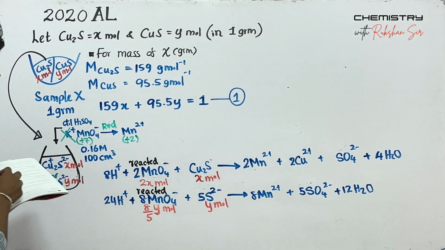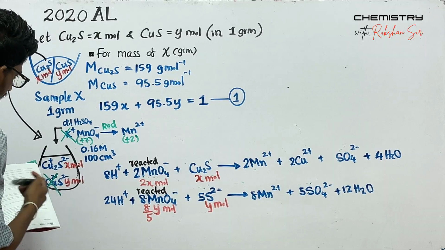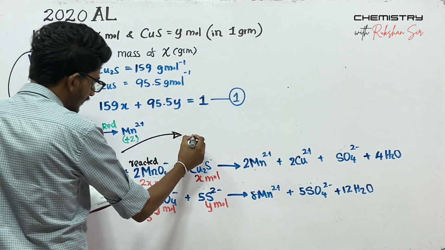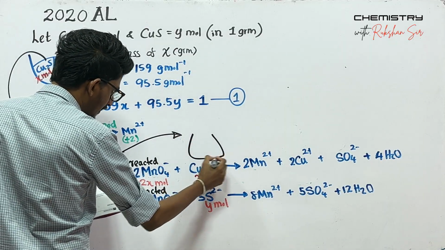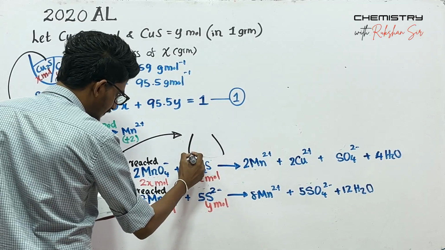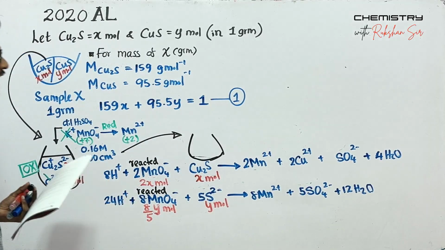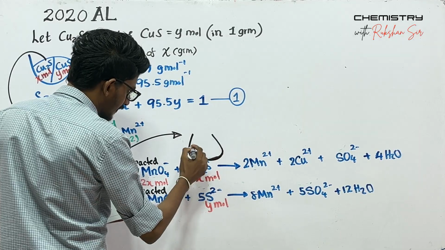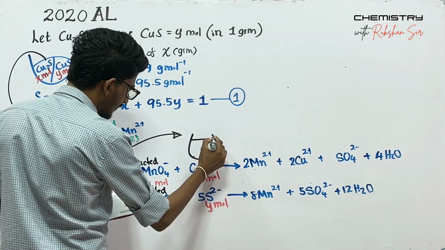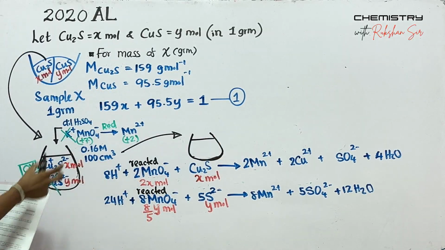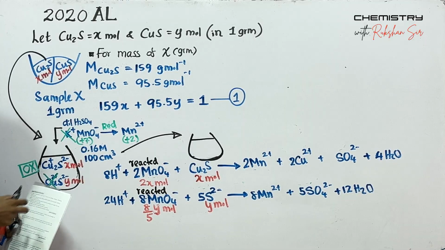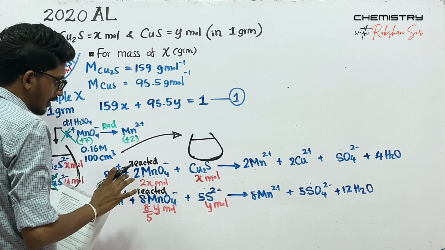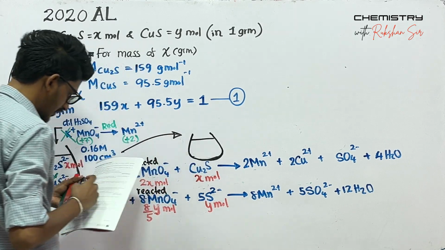What they are saying is, after this procedure, the remaining MnO4 minus. So that means they have added it in excess here. After this, the remaining MnO4 minus.